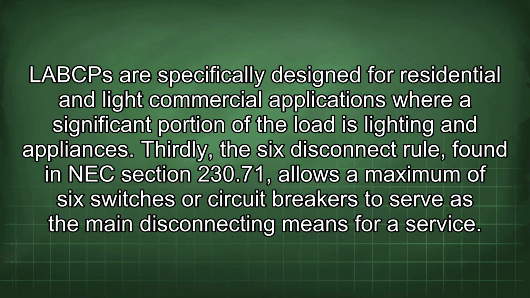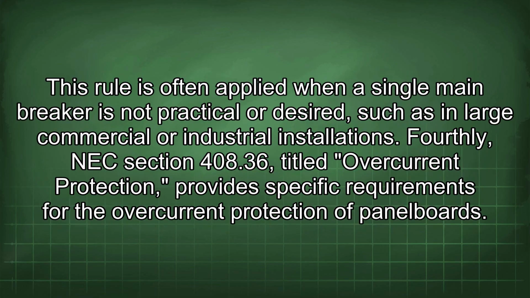Thirdly, the 6 disconnect rule, found in NEC section 230.71, allows a maximum of 6 switches or circuit breakers to serve as the main disconnecting means for service. This rule is often applied when a single main breaker is not practical or desired, such as in large commercial or industrial installations.